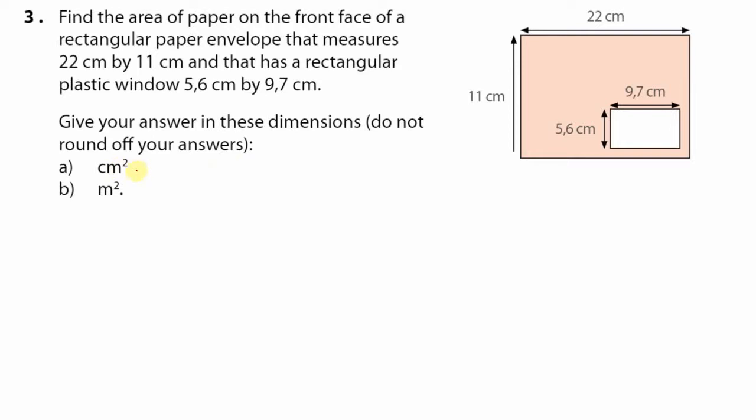So we are dealing with centimeters, so in this case we might just as well do A first. It's anyway in centimeters. We want to find the area of paper, so not the plastic part. So this plastic part we have to ignore. The easiest is to calculate the area as if there is no plastic part, as if all of this is shaded.